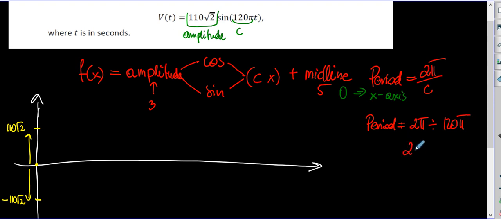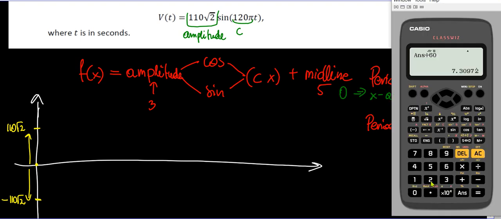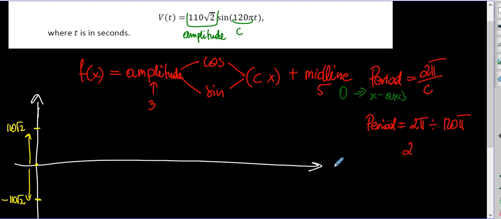I don't have to do that by hand, I can do that in the calculator. 2 pi divided by 120 pi. Oh, not that pi. So 1 over 60. That's our period.